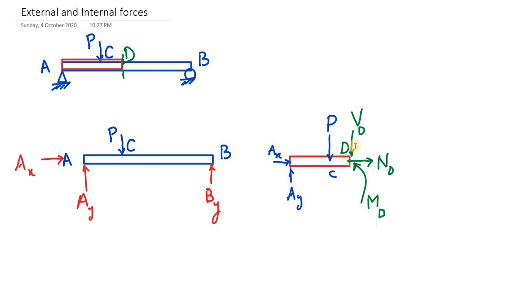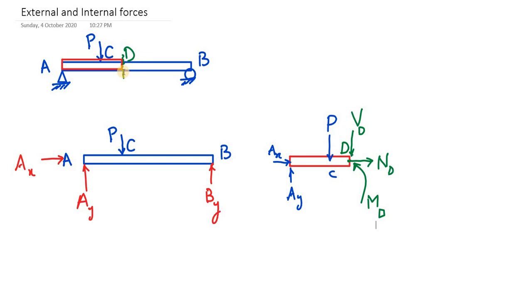But when you consider the whole beam and you consider a cut section over here, then these green forces ND, VD and MD are internal forces acting in the beam. Whenever you draw a free body diagram for a certain body, whether it is a segment of a body or the entire body, you always show forces acting on that body.